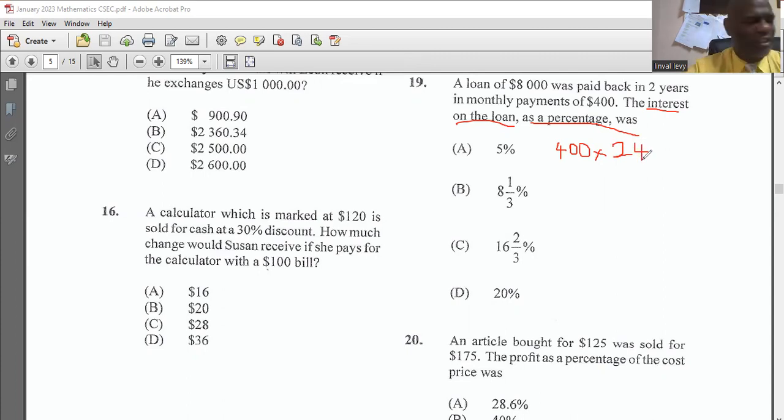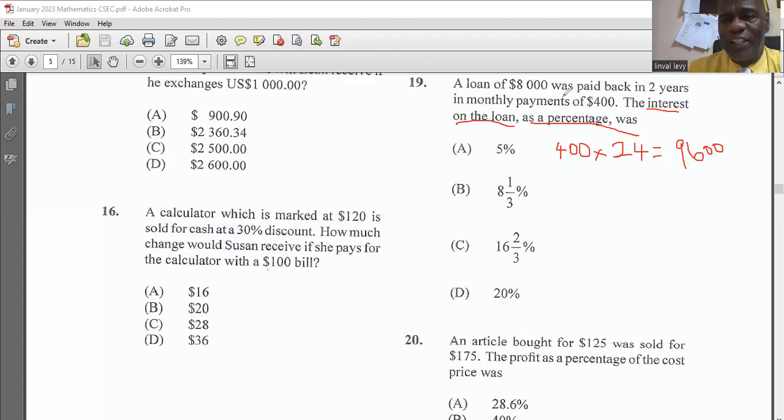So we do 24 times 400. 24 times 400 gives us 9,600. Good. Now, this is what the person is going to pay in total.